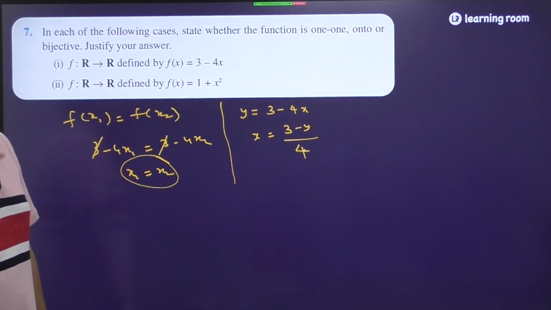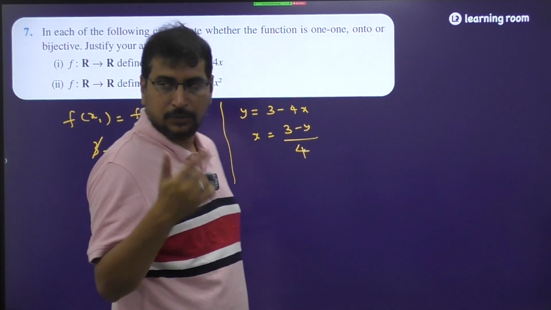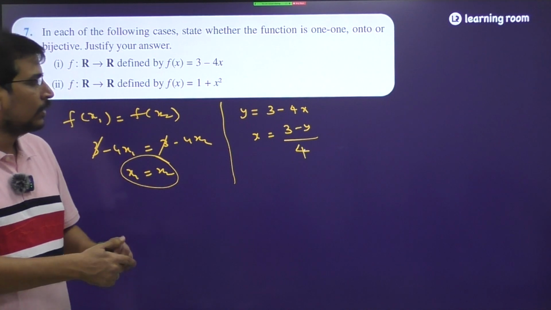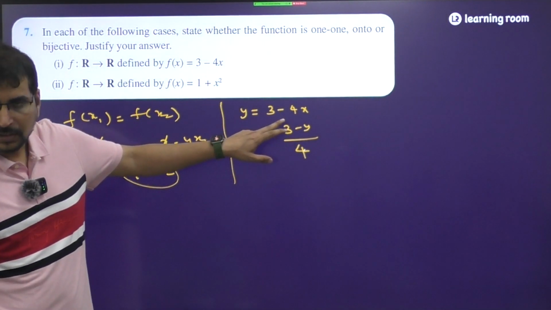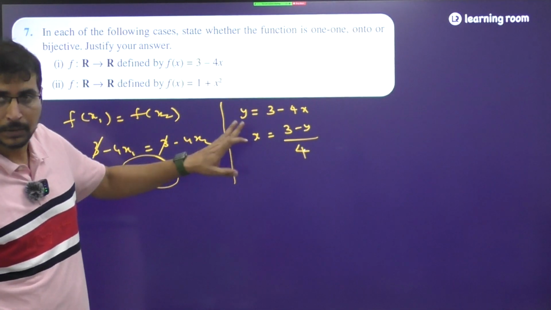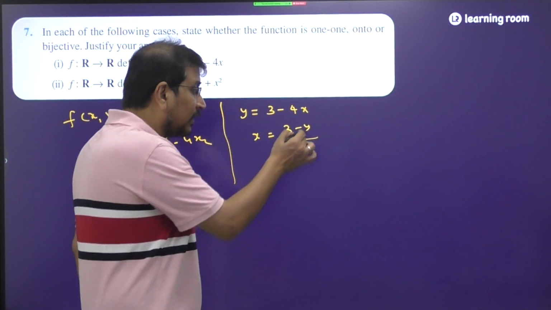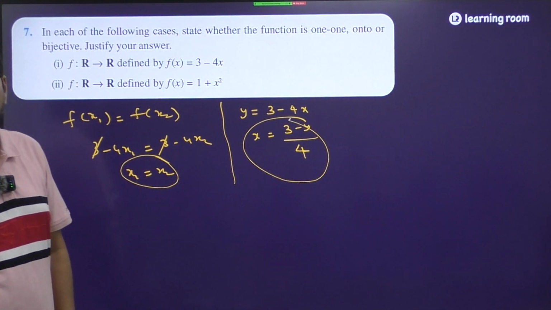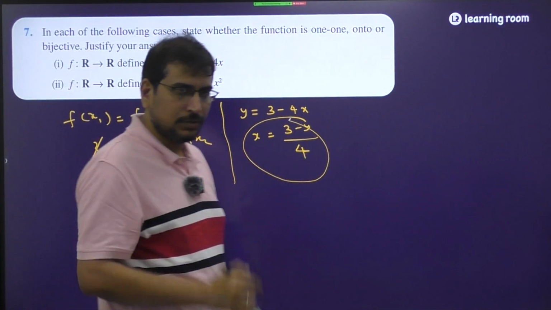I'll just give you another hint. I just wanted to extend this concept. This part is clear. Please confirm. When you substitute the value of y as a real number, you're getting a real number. That is one way. Check the domain of this function. So you know how to check the domain of a rational function?